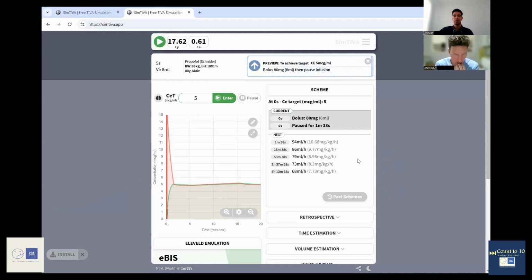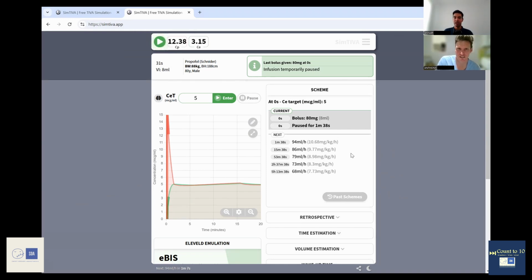So the first thing you should pick up is that the bolus dose is lower than for the patient who was 20 years old. It's roughly 20% lower. That's because the Schneider model is using different parameters.